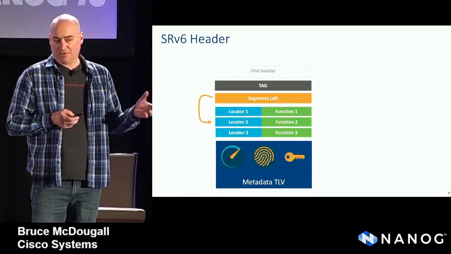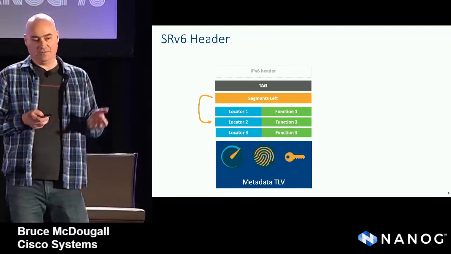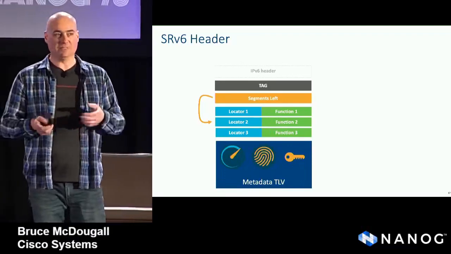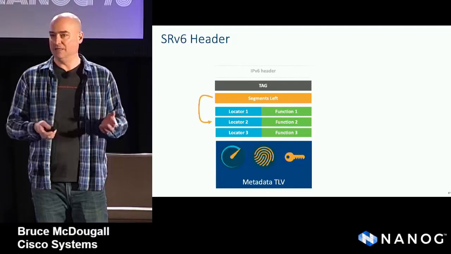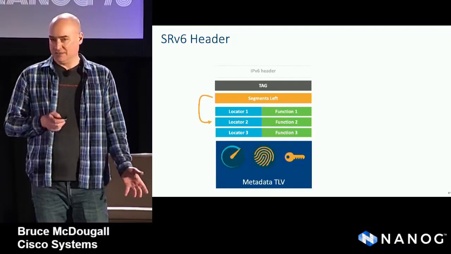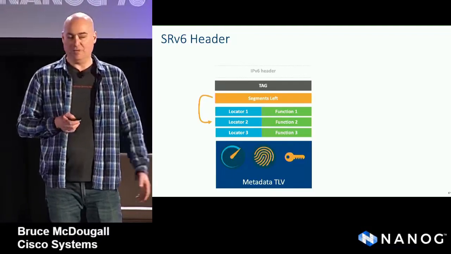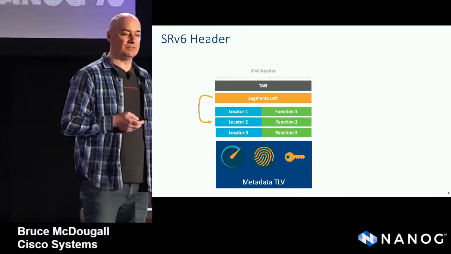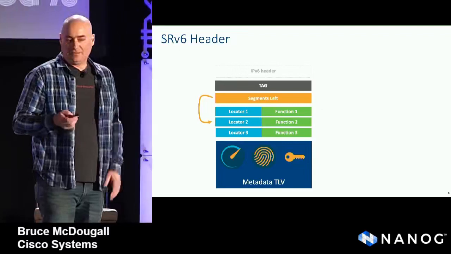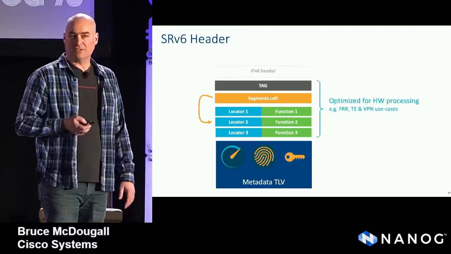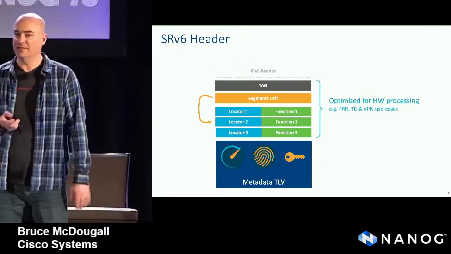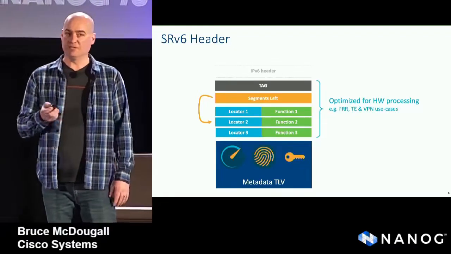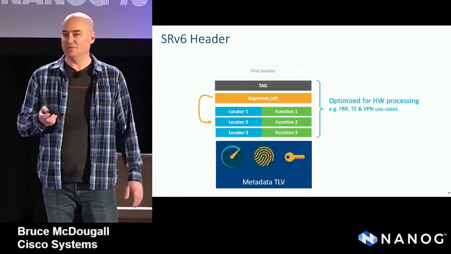Then we've also got, at the end of the SRH, the metadata TLV, which is an optional unspecified size, but this is a place where one could embed any sort of metadata, performance data, for instance, or other kinds of data. And that piece we would expect to be processed by software tools and the like after the routed network has finished moving the traffic through.